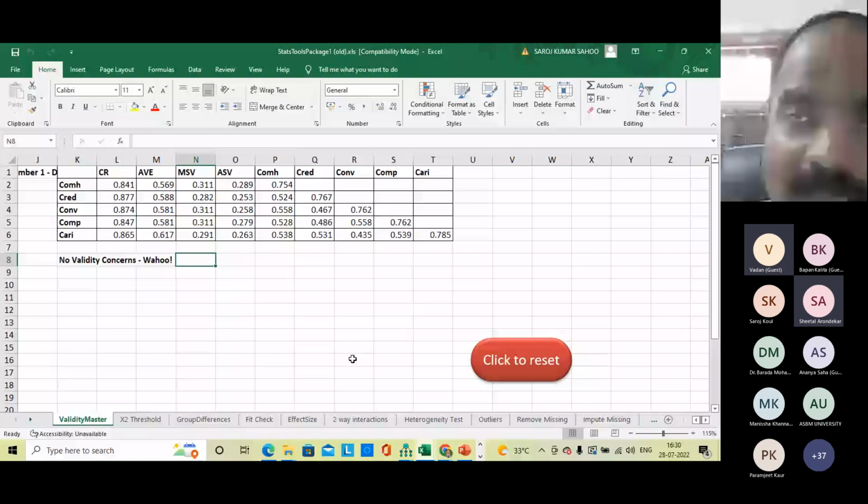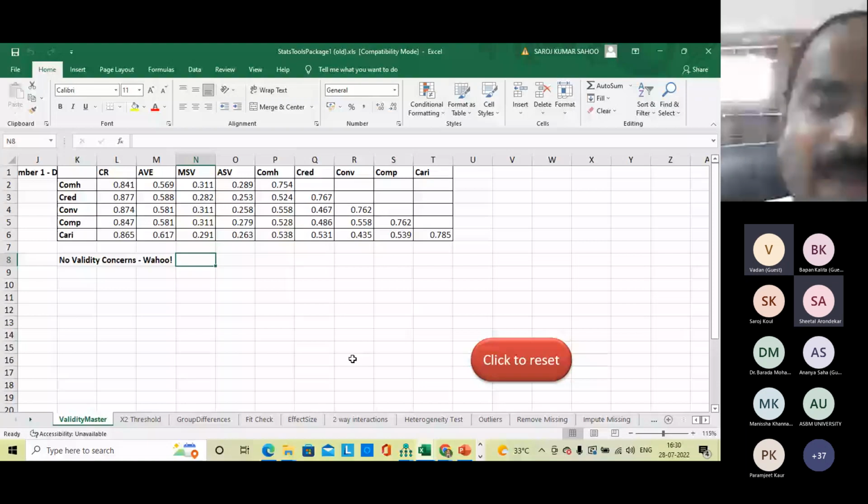In our example, F1 has 5 indicators. So how significantly are those 5 indicators discriminating one construct from the rest of the constructs of your study? For that, there are so many criteria. One of the criteria is that both the MSV values and ASV values must be less than AVE.